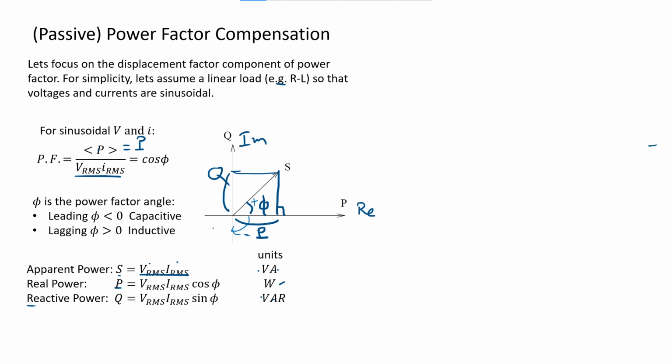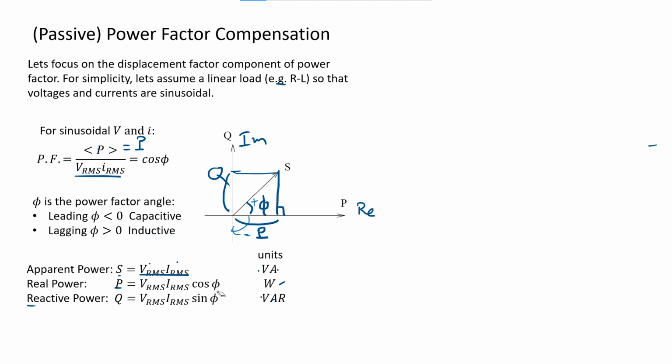Okay, so the source generates the power S, and we call it apparent power. Real power is V root mean square times I root mean square times the cosine of the phase shift. The phase shift depends on how much inductor you use and how much capacitor you use, right?